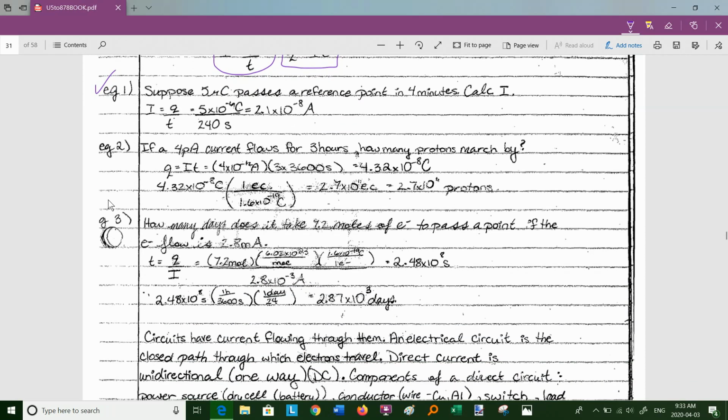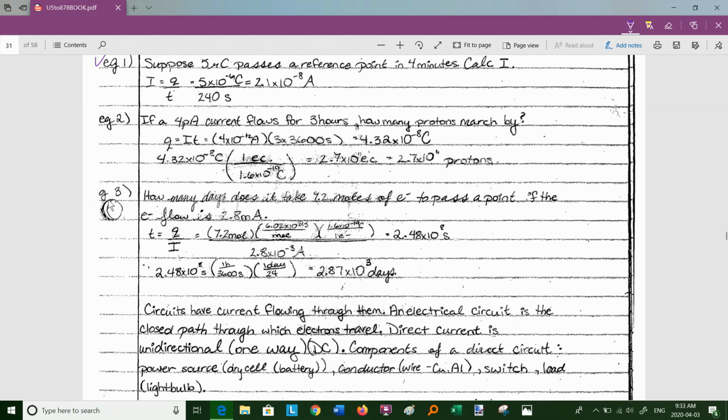Now, in the second example, let's say you have 4 picoamps, so that's 4 by 10 to the minus 12 amps, flowing for 3 hours. How many protons would march by? So Q equals I times T. Pico, 10 to the minus 12, so 4 by 10 to the minus 12 amps, 3 hours.